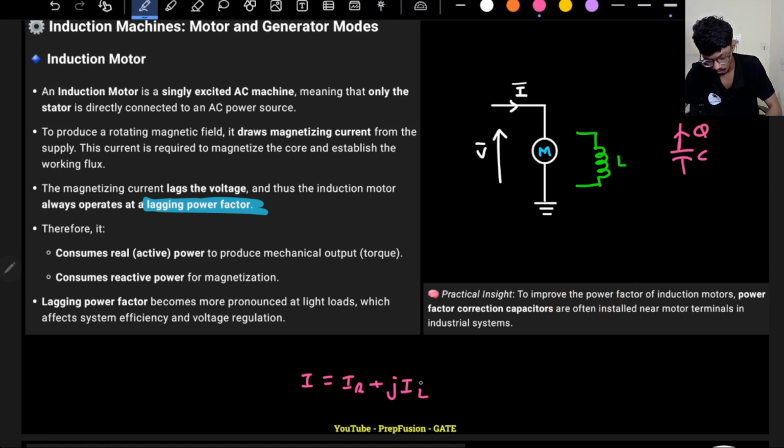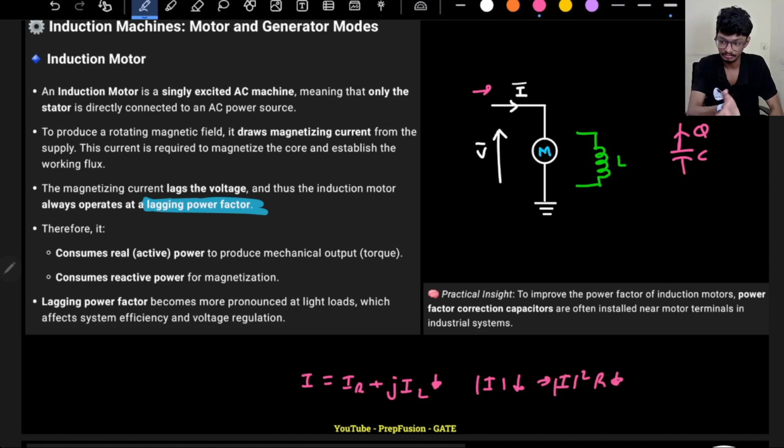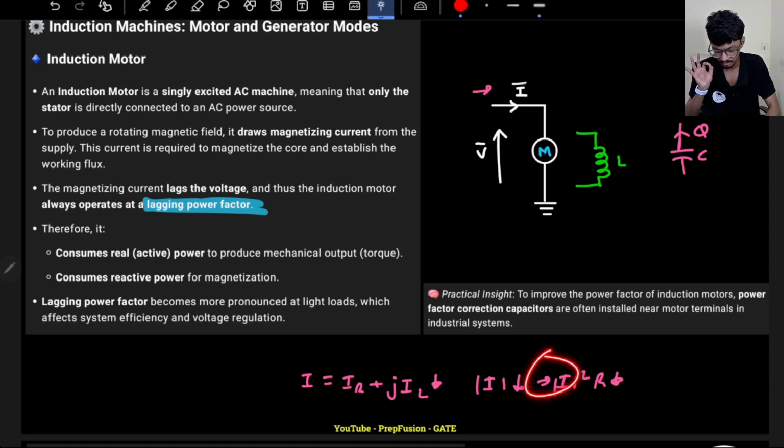Overall, the inductive current taken from the supply will reduce. If this current reduces, the magnitude of I reduces, then the magnitude of I squared R reduces, right? I will discuss this in power systems, it's not that important, but the bottom line is I want to reduce the magnitude of I so that the losses in the line are reduced, so that our system is operating at better efficiency.